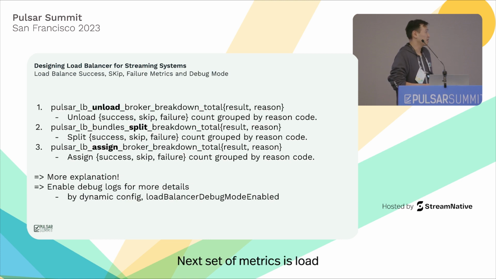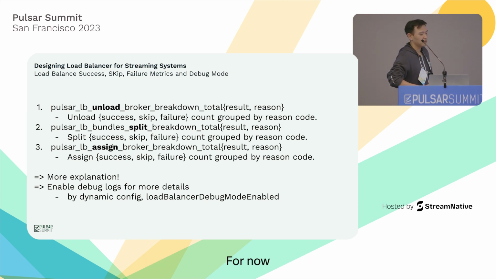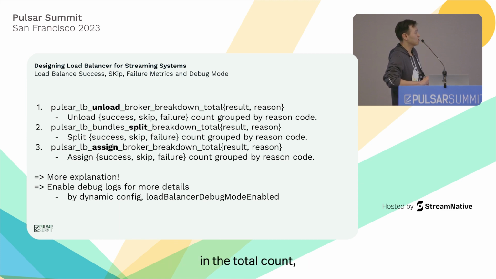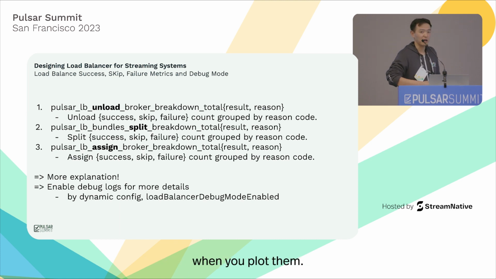The next set of metrics is the load balance decision metrics. For now, we only emit the success case metrics and the total count, but we want to add some breakdowns by reason code so that it can be more explainable when you plot them.